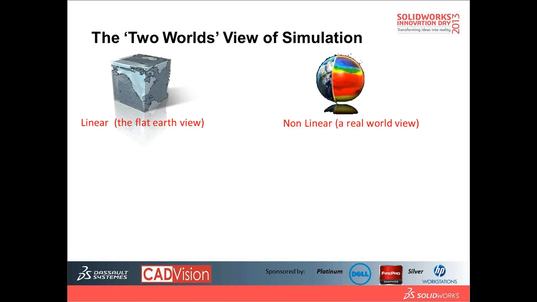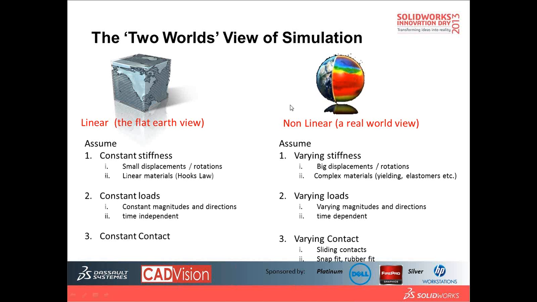Linear is the flat earth view, whereas nonlinear is the real world view. Why do we come to this conclusion? We have to look at the assumptions. So these are the assumptions of linear analysis and nonlinear analysis.